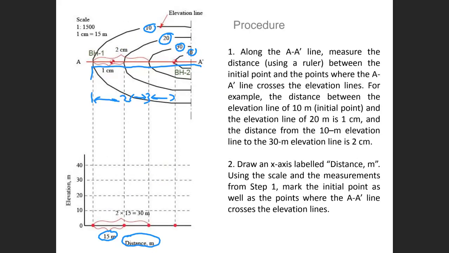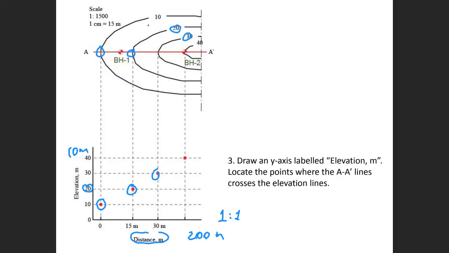So why do they do 0.5? I measured 1 centimeter, then I multiplied by 15, so it gives you 15 right here. That's why I get 15, second 30, and you're asking about 0.5.